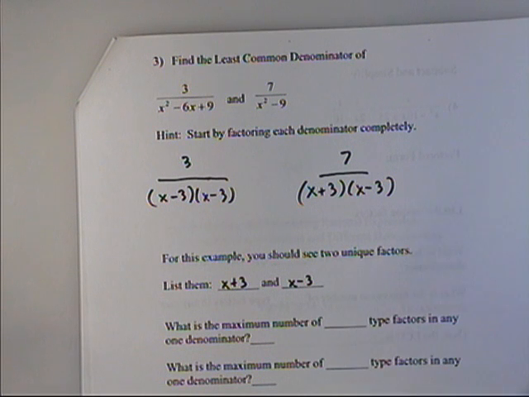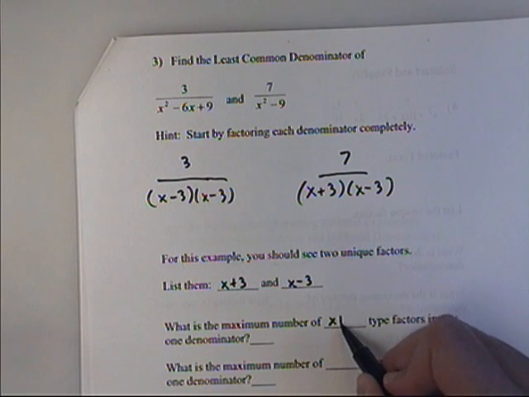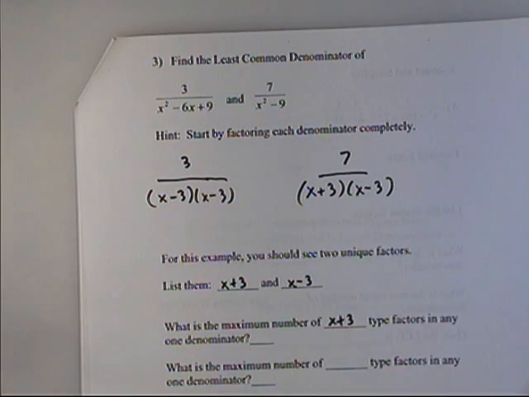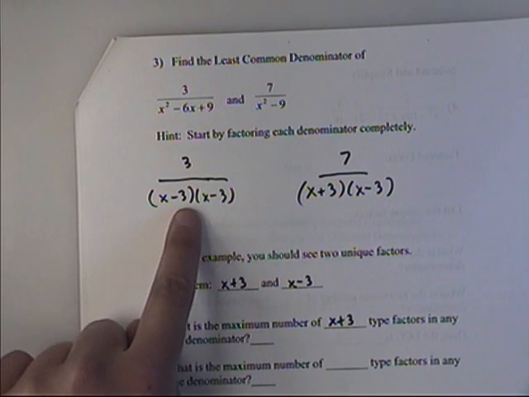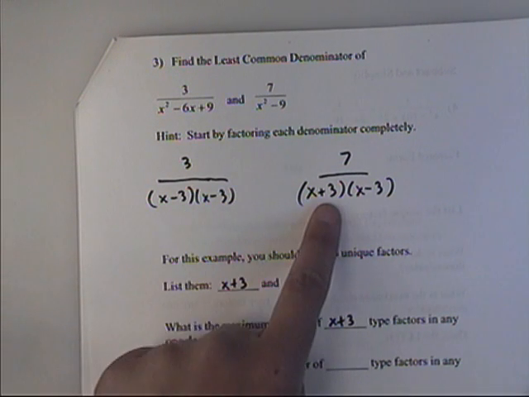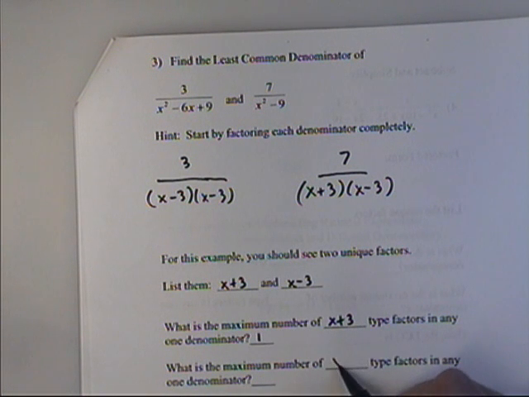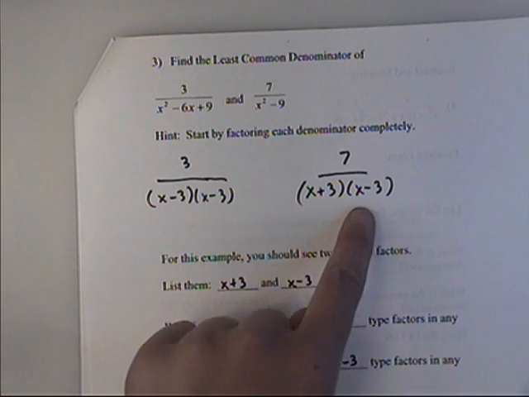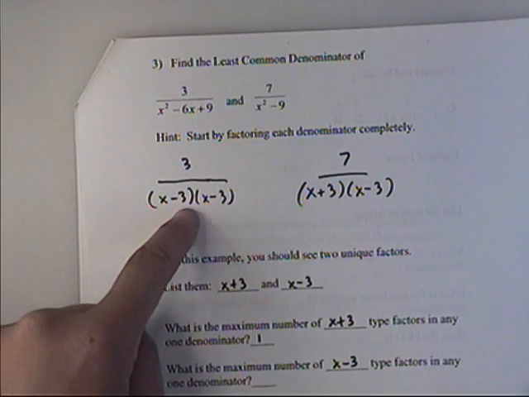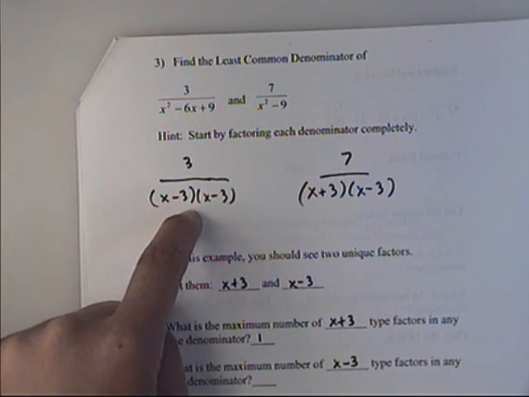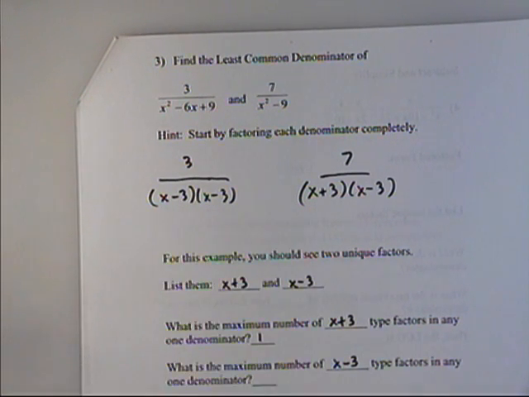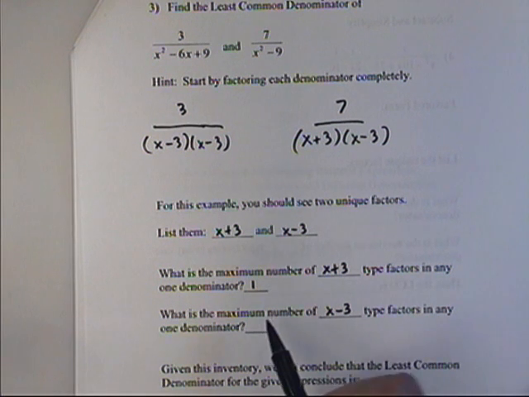What is the maximum number of x plus 3 that I would have in any one denominator? Well, I have 2 here. I'm sorry. I only have 1. So that's just 1. Now the x minus 3. What's the maximum number of these I have in any one denominator? Well, I have 1 here, but I have 2 here. So 2 would be the maximum number that I would have in any one denominator. So I'm going to say 2.